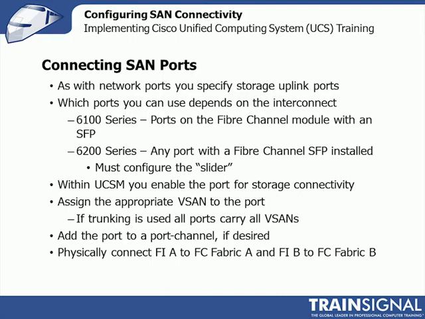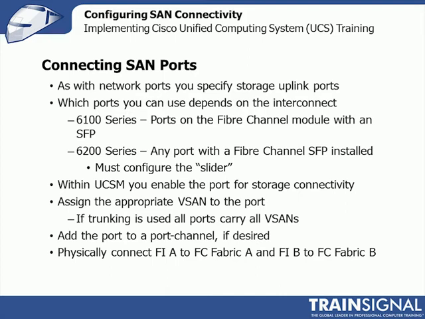You connect your cable between that SFP and your Fibre Channel fabric, and the way you do this is that fabric interconnect A connects to Fibre Channel fabric A, and fabric interconnect B goes over to Fibre Channel fabric B. So you do not cross connect those. You go one to A, one to B. Then you go into UCS Manager, right click the port, and set it as an uplink port, which is the simple way to do it.